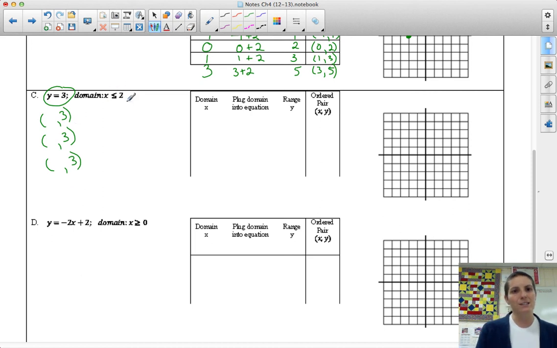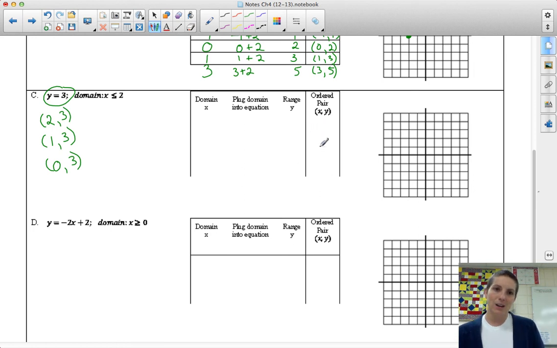And the x values are limited to being smaller or equal to 2. So the starting point is at 2. And these x values get smaller. I've got a few points I can graph. Notice that I skipped over this table altogether because I needed to think in my head. I wrote my ordered pairs over on the left, and I probably should put them in my table.